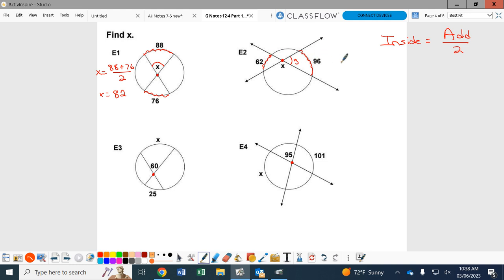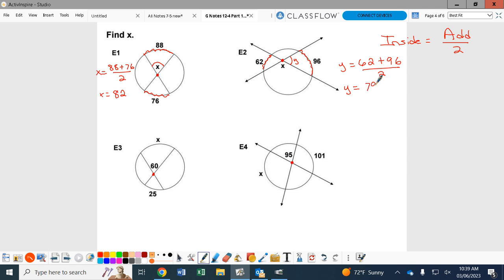So y equals 62 plus 96, and we're going to divide by 2. Do 62 plus 96 equals, divide by 2 equals. What's that give you on the calculator?